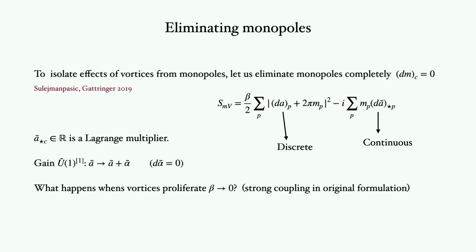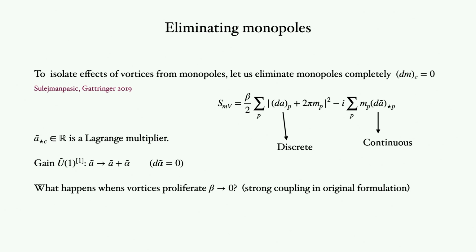Now, to isolate the effect of vortices from monopoles, we can use a formulation called modified Villain due to Süleyman Pasic and Gattringer. Okay, I put the reference there. Here, this is the Z_N field, and I introduce a Lagrange multiplier, which is a continuous field.